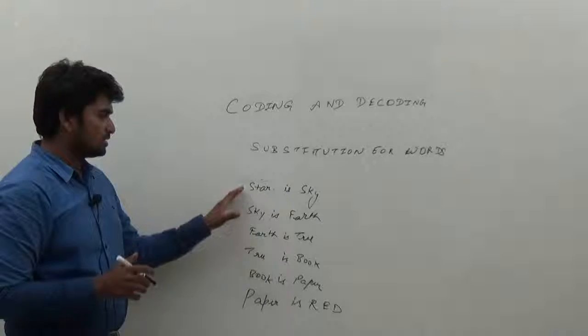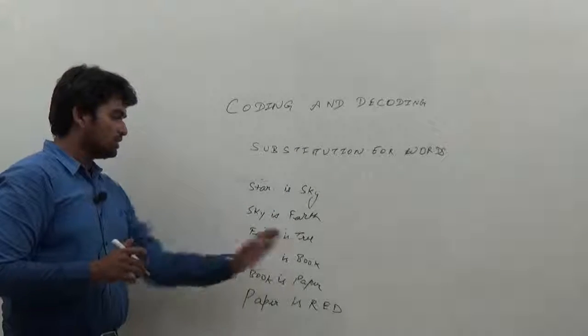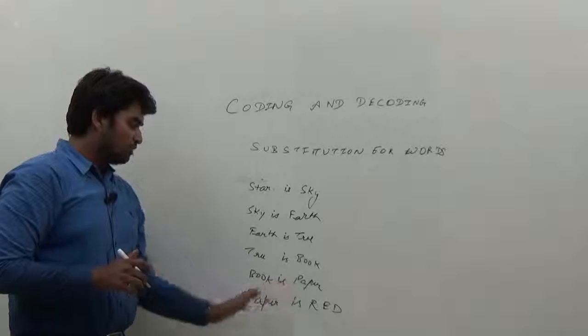Okay, so that becomes my set of sentences here. Star is sky, sky is earth, earth is tree, tree is book, book is paper, paper is red.